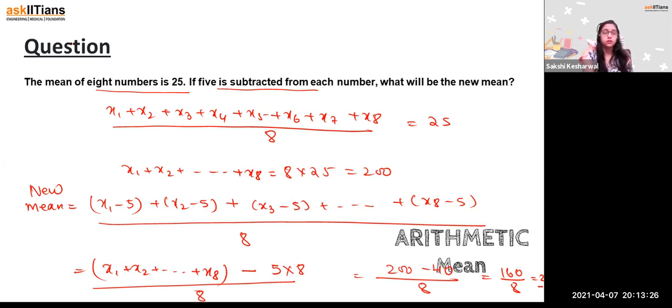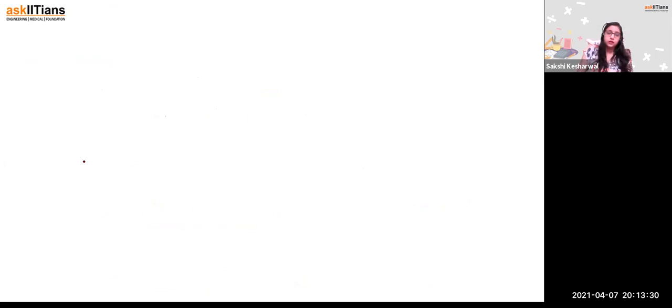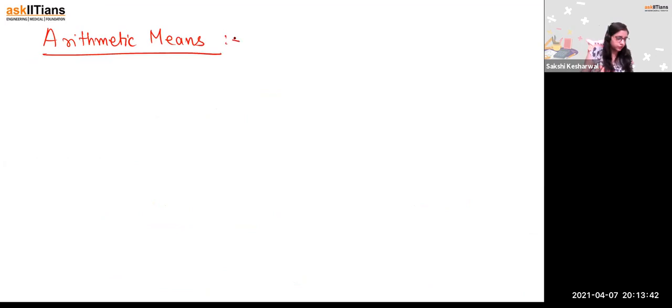Okay, now let's do what we mean by arithmetic means in AP. What do you mean by arithmetic means? First write down the definition.